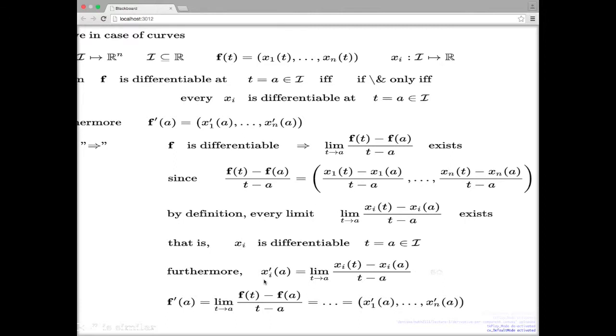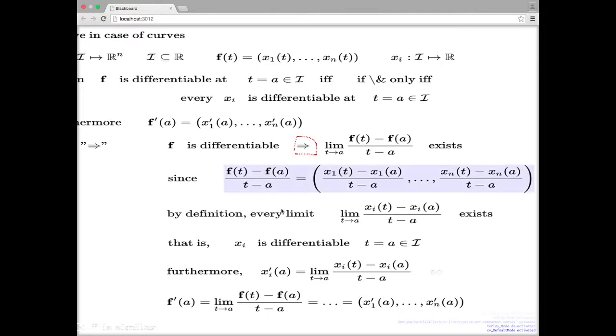Like I said, the proof itself mathematically doesn't represent any challenge. What you have to pay attention to is to make proper references at every step of your argument. For instance, this implication is the interpretation of the definition of f being differentiable.